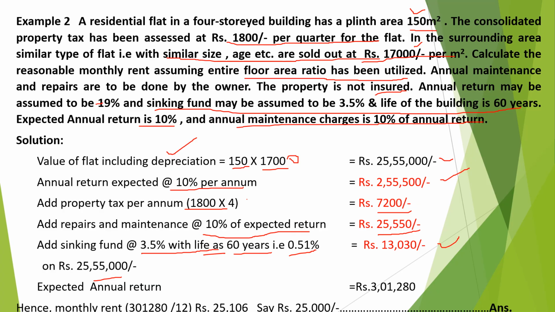So you add all these required things which are to be collected as gross rent. Including all the expenditures, it will come out to be 3 lakh 1,250. You divide it by the number of months, which is 12. So the expected monthly rent is approximately 25,106, say rupees 25,000. So in this way you can calculate the rent of a flat.